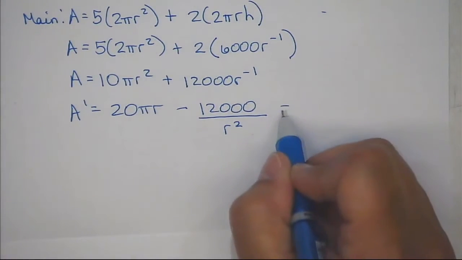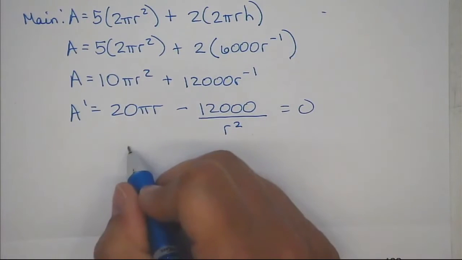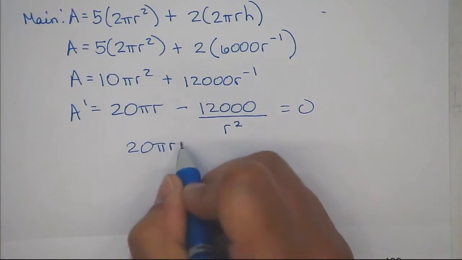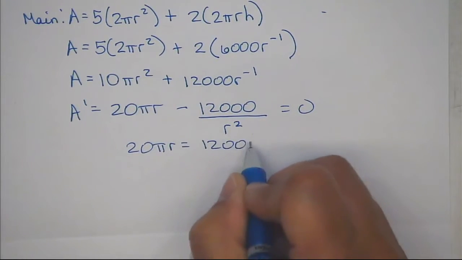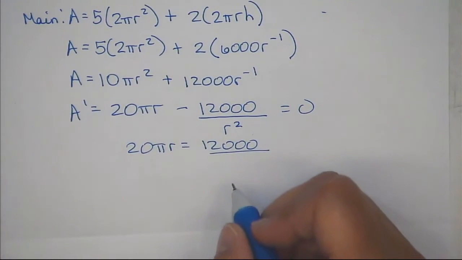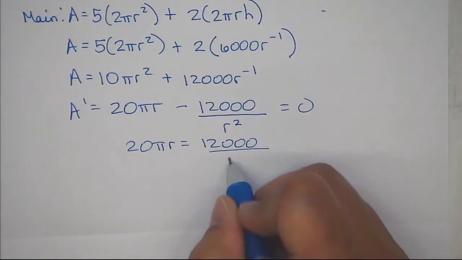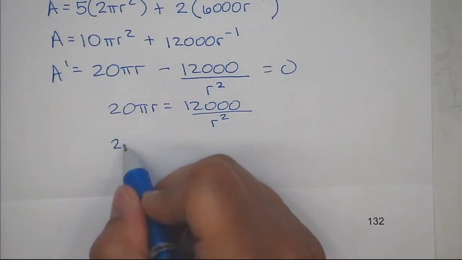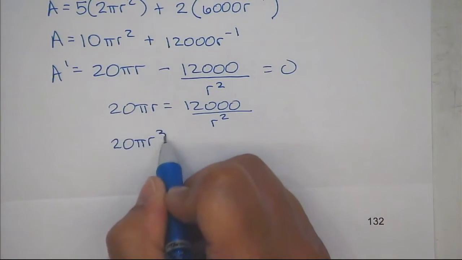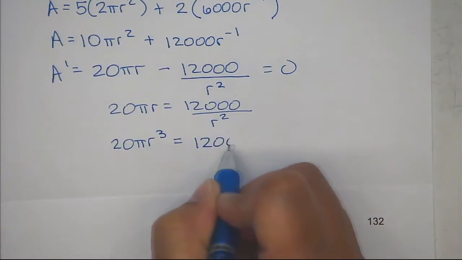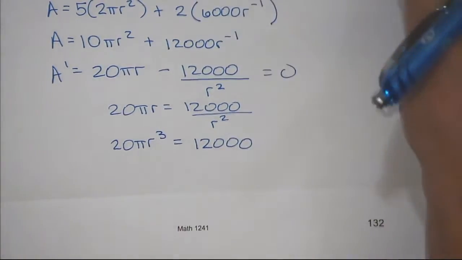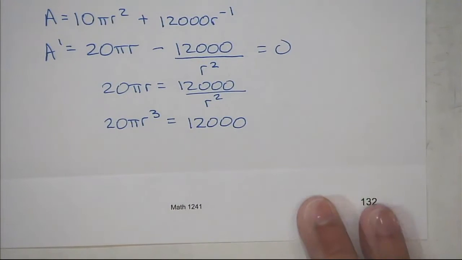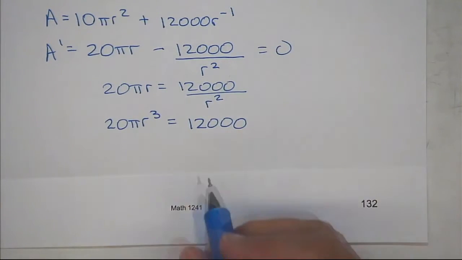All right, so if I set it equal to 0, move the fraction part over, make it positive. So 20 pi r equals 12,000 over r squared. Multiply the r squared over, so now we have 20 pi r cubed equals 12,000. Divide both sides by 20 pi.